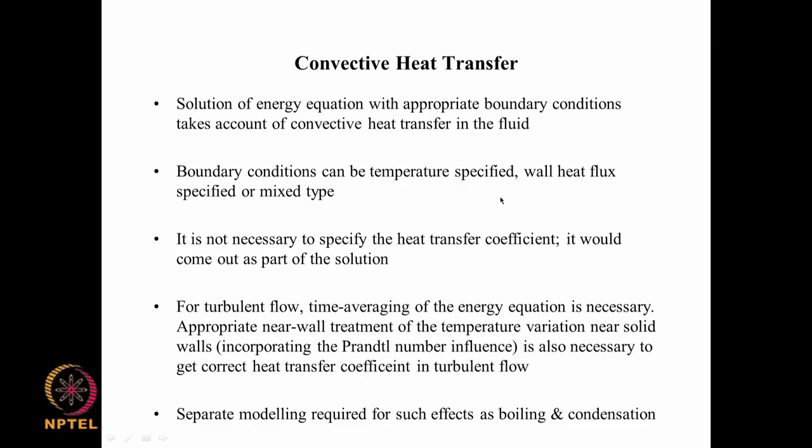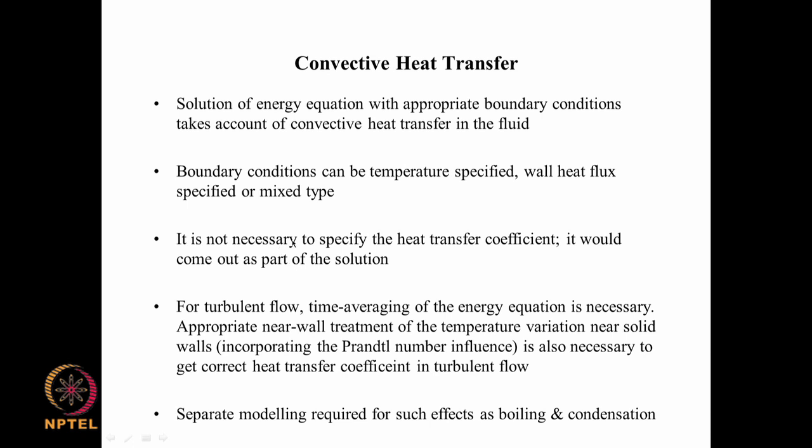For example, in the case of convective boundary conditions, which we will see later on, we specify the ambient temperature and a heat transfer coefficient, for example by natural circulation from the wall, and that will be something like a mixed type of boundary condition, whereas a temperature boundary condition is where you specify the wall temperature at the boundary, or you specify the heat flux, you specify the gradient of the temperature at the wall like this.